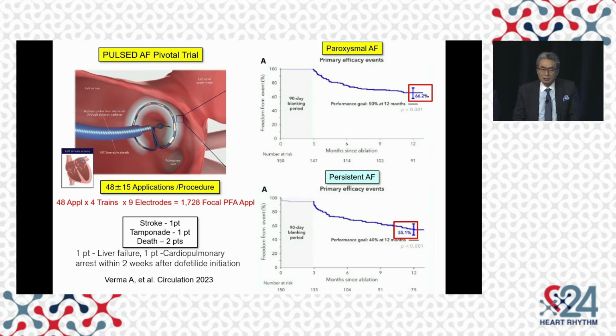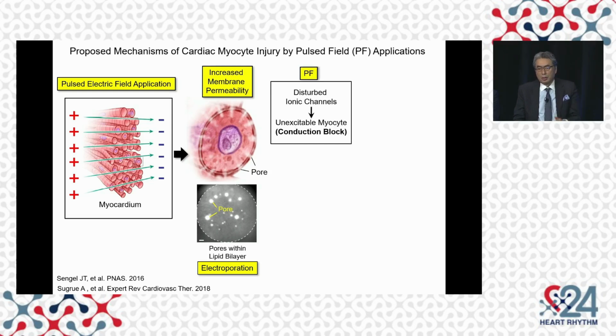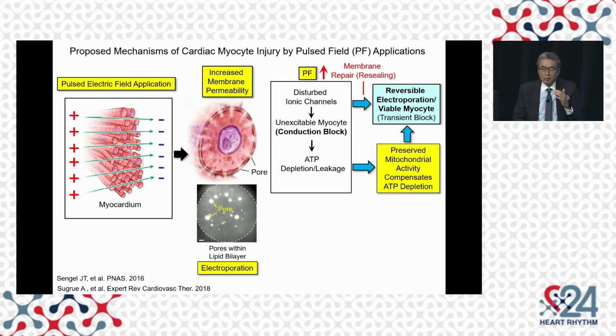That's a lot. Now, talking about the mechanism of myocyte injury by PFA: applying a high voltage, short duration, you increase membrane permeability, or physically you make a poration in the lipid bilayer. Of course, this disturbs ionic channels, producing conduction block very easily. Then the membrane repairs. This is a reversible electroporation, or transient conduction block. From the EP standpoint, that's not good news.